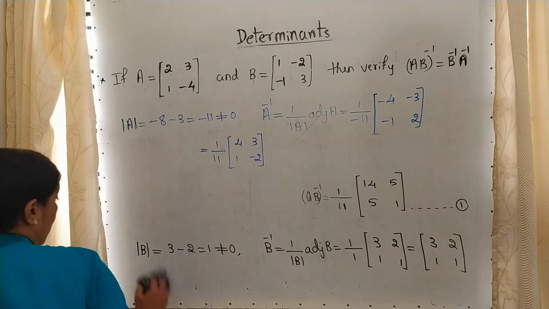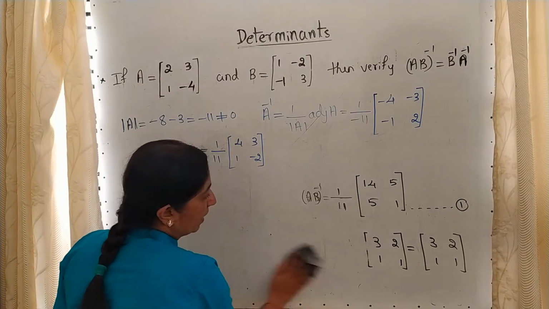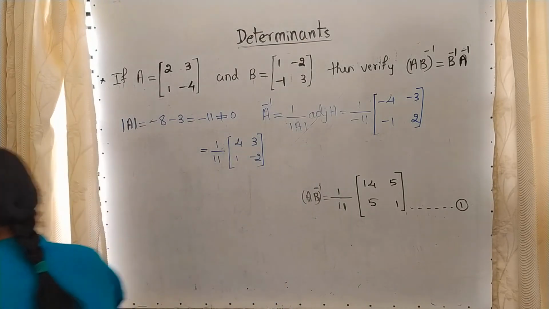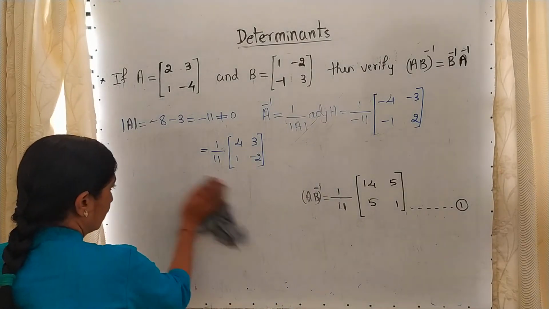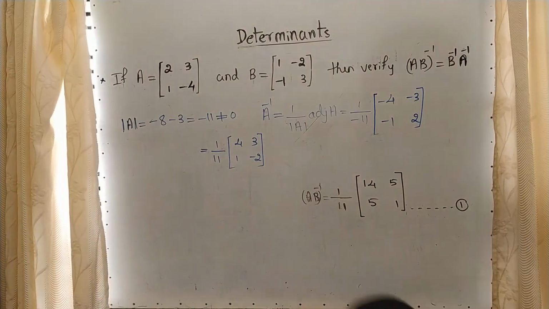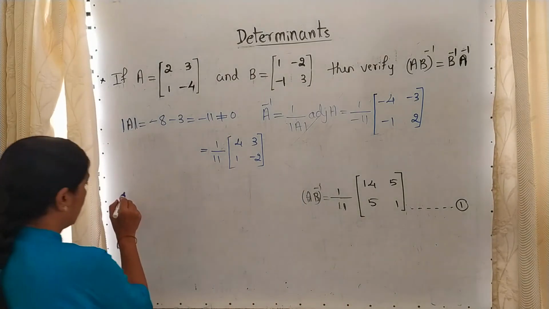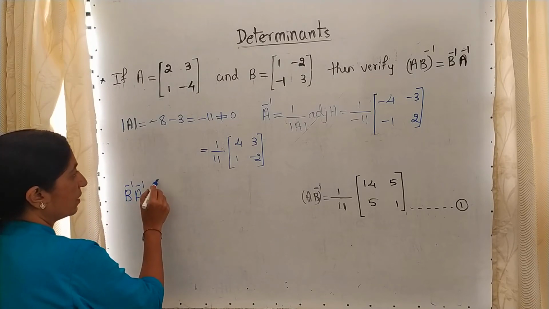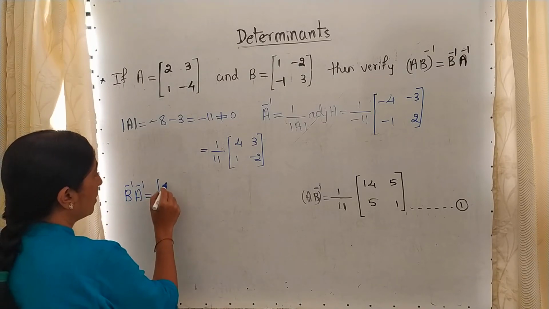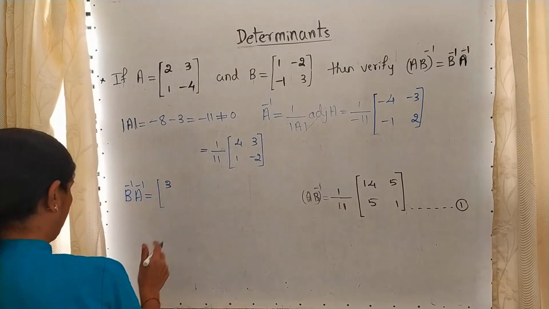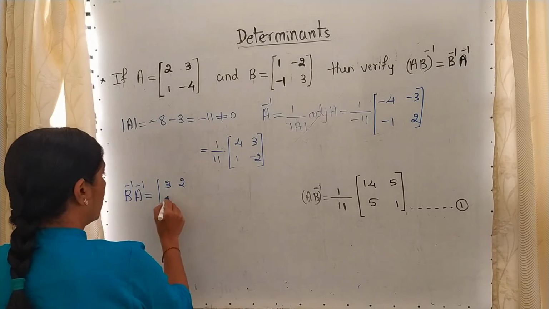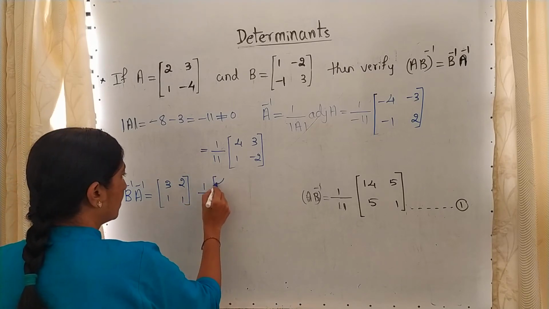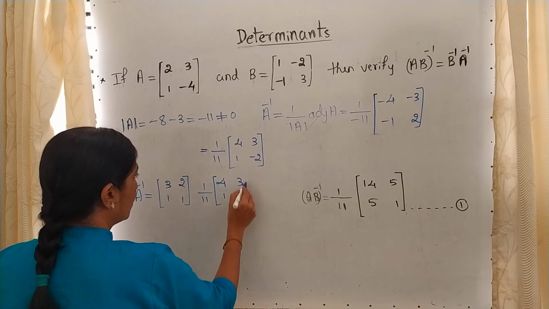Now we have to find B inverse into A inverse. So B inverse into A inverse. B inverse is what? Already we have calculated. That is 3, 2, 1, 1. A inverse is 1 upon 11, 4, 3, 1, minus 2.